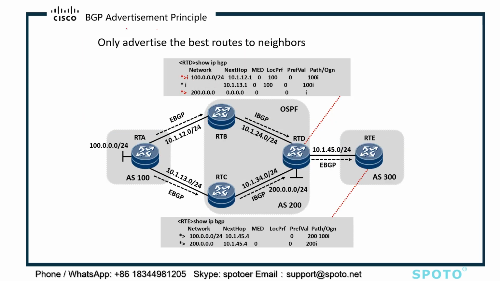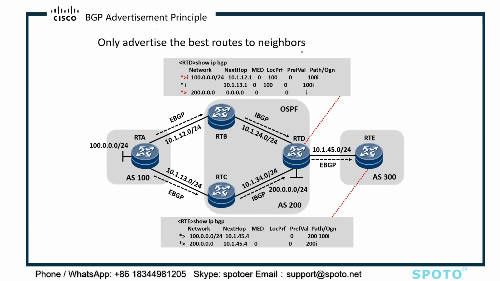The first one is to only advertise the best route to neighbors. As we just said, BGP protocol has a BGP routing table. Only the best and valid route in the BGP routing table, the router can save into the routing table.